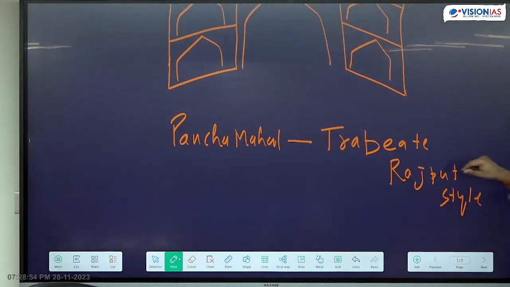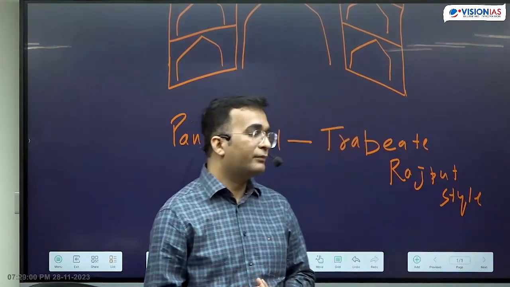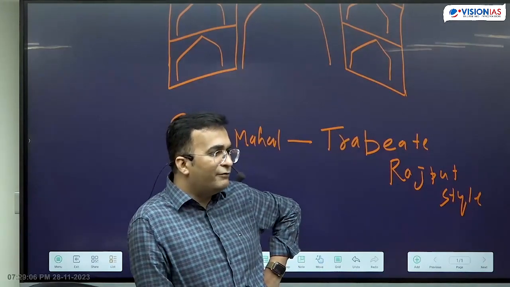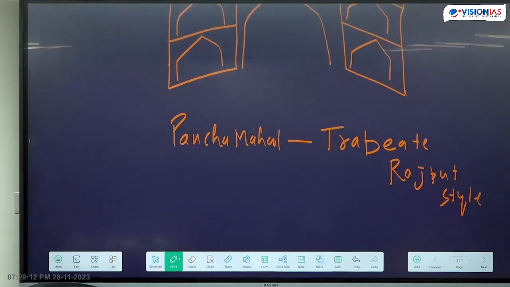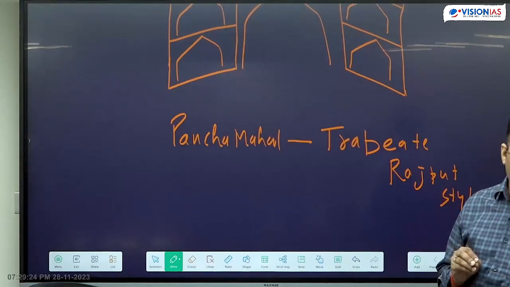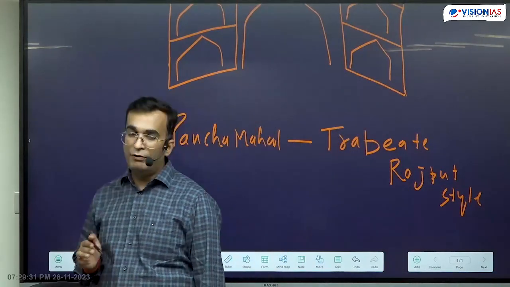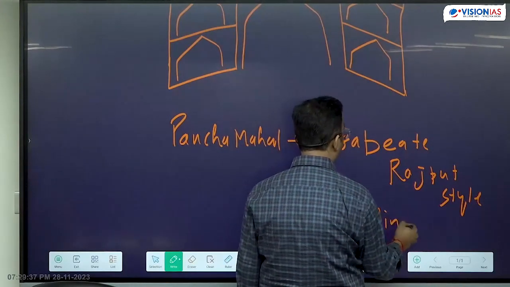Then you write, it had a large number of pillars, and it was a 5-story flat roof building with receding structures.